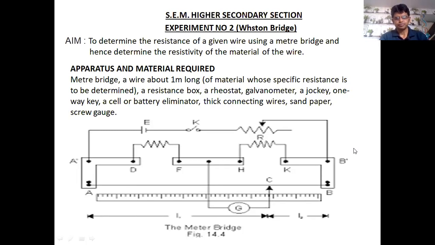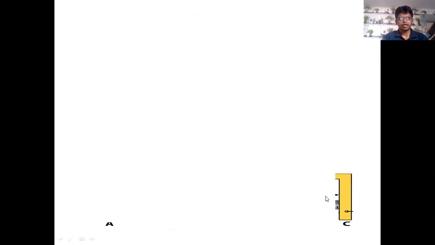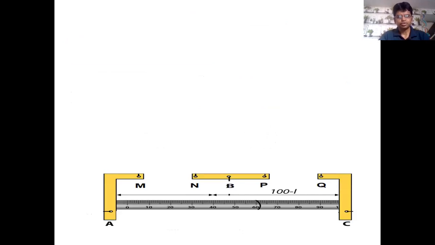So first we discuss the meter bridge. What is a meter bridge and how can you identify it? It is a wooden box with terminals, starting from A, and C is the end point. Between A and C you see a 1 meter scale, ranging from 0 to 100 centimeter.